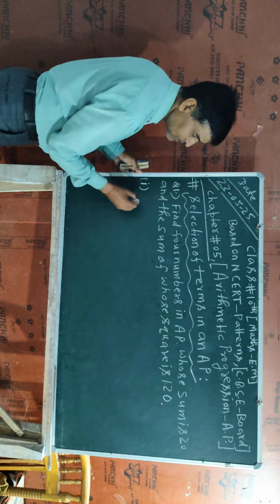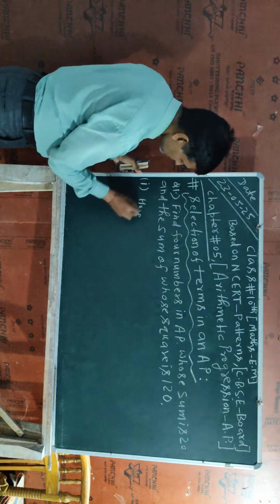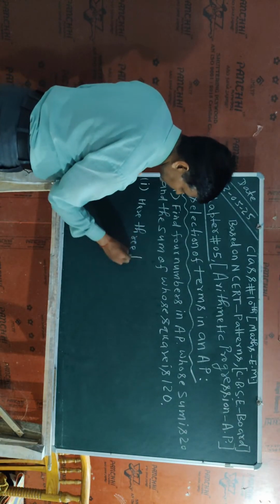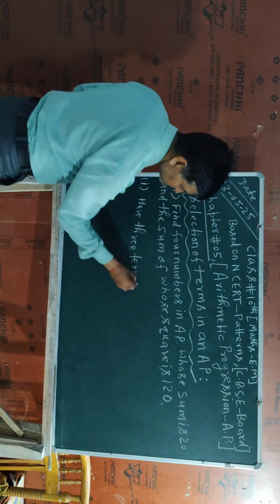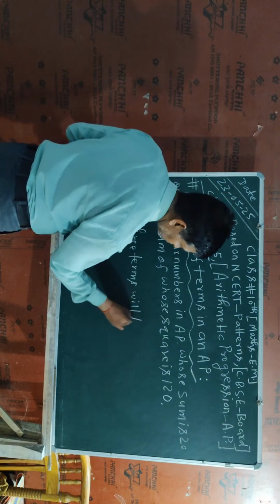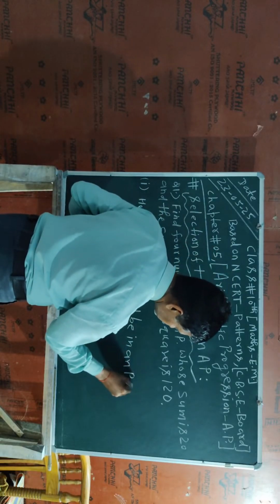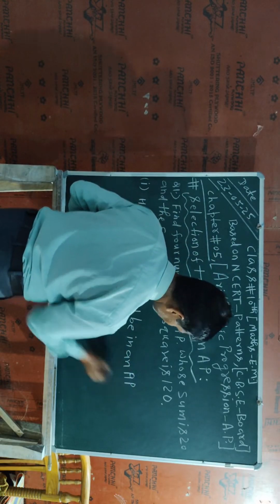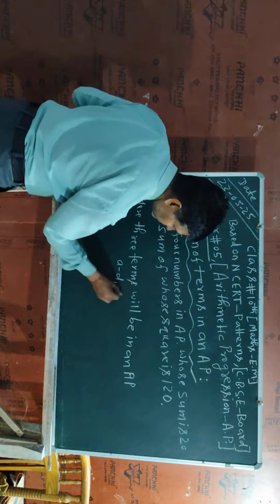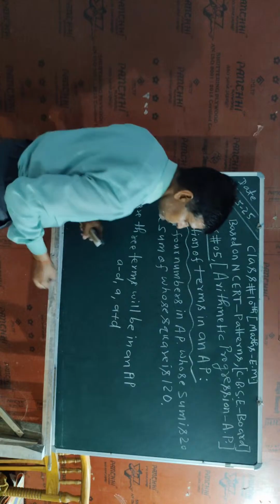Now three terms in arithmetic progression: I will say a minus d, a, and a plus d. In this case I will obtain the value of the common difference.